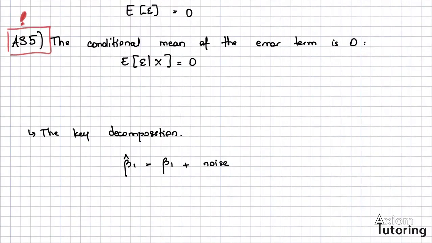Keep in mind, this is the true slope, beta 1, and this noise is the sampling noise term.